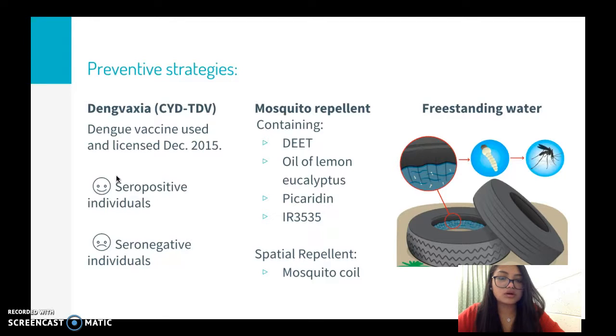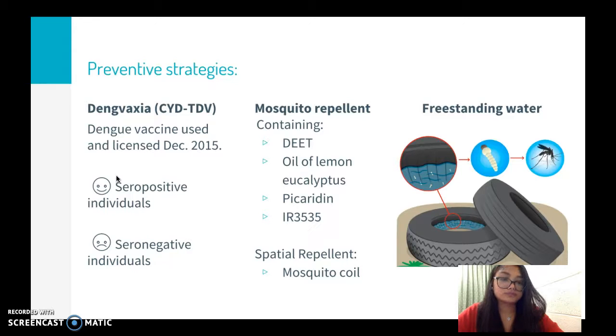Mosquito repellents are also highly suggested, especially those that contain DEET, oil of lemon eucalyptus, picaridin, and IR3535. Spatial repellents also include mosquito coils. You can also wear long sleeves and long pants to prevent mosquito bites.